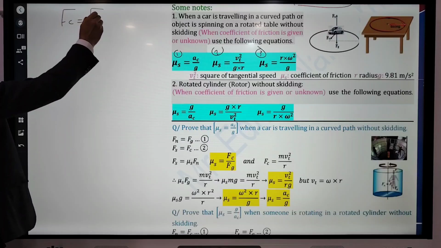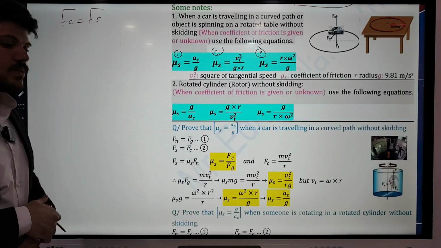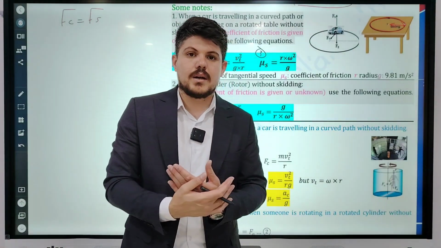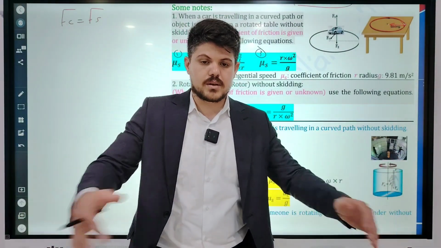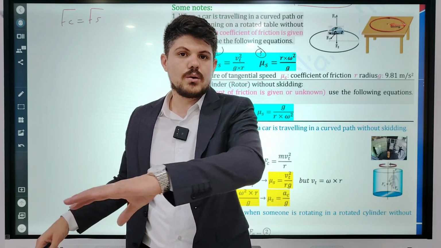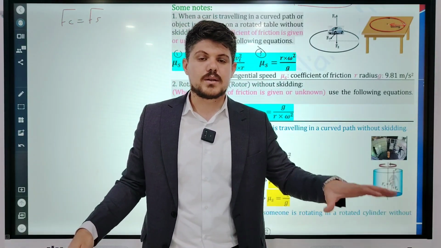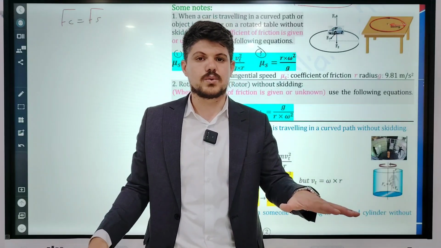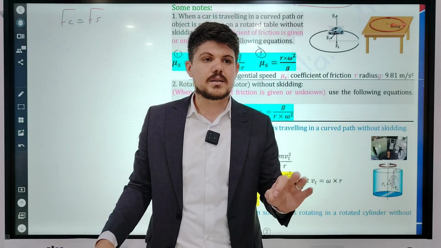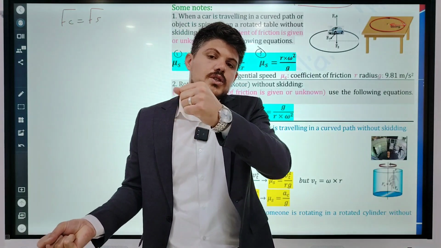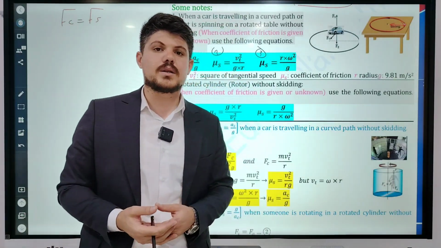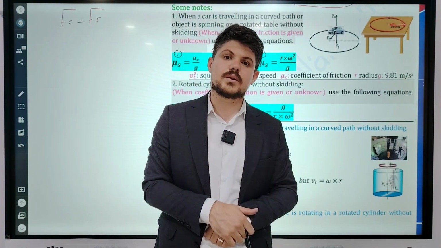F_c is provided by F_s. Without friction, for example, in the case of a frictionless, 100% smooth surface, even if you turn the steering wheel to make a sharp left or right turn, the car does not turn.